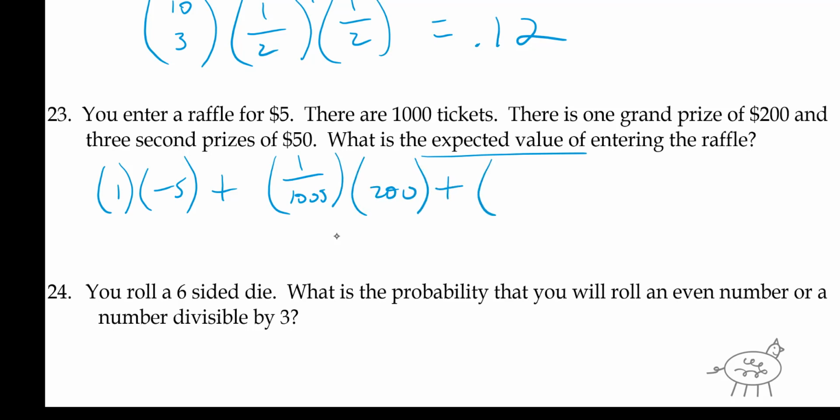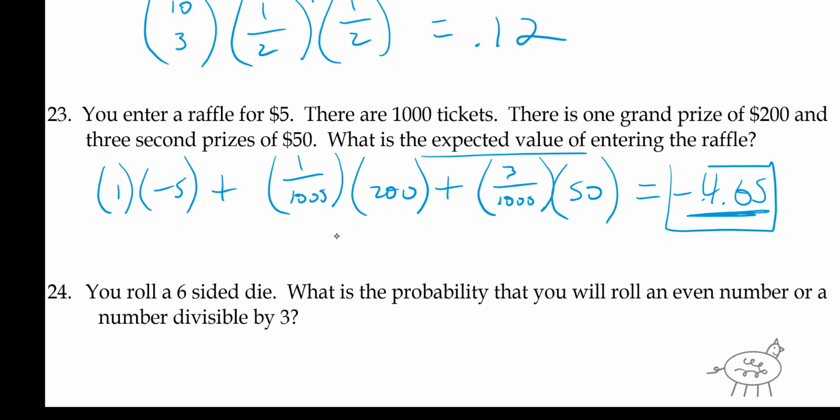The probability of the second prize, which is 3 out of 1,000, you're going to win $50. You put that all together, you get negative 4.65. Okay, and that's dollars, right? I would not play the game unless it's some cute little Cub Scout or Boy Scout with sad eyes saying, please buy a ticket. And I'm like, okay.